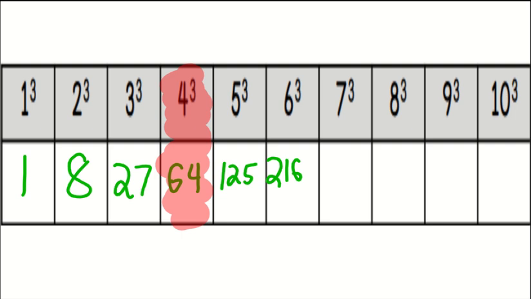7 to the third power. Corey? Yeah, 343. 343 is correct. 7 times 7 is 49. 49 times 7 is 343. And we've got 8 to the third power, not yet. Not yet.